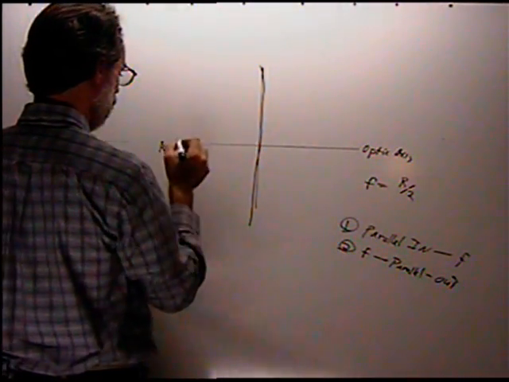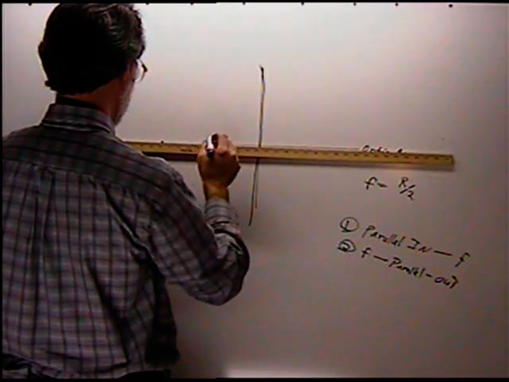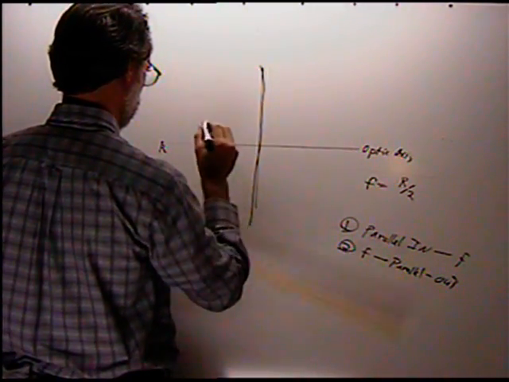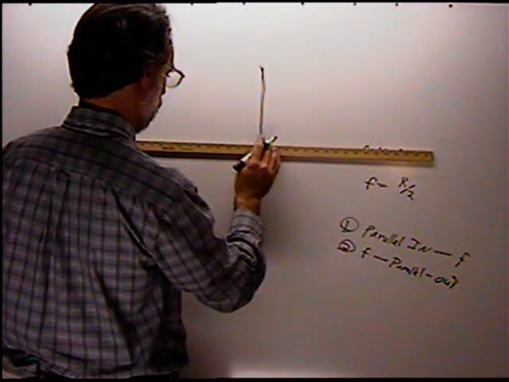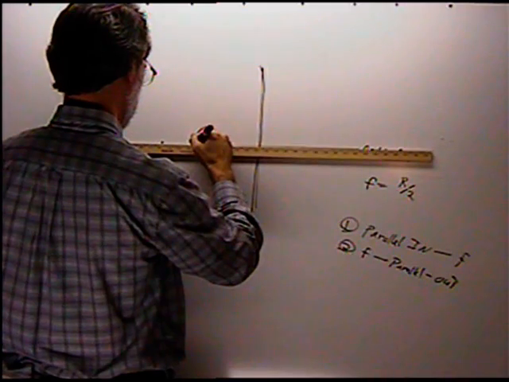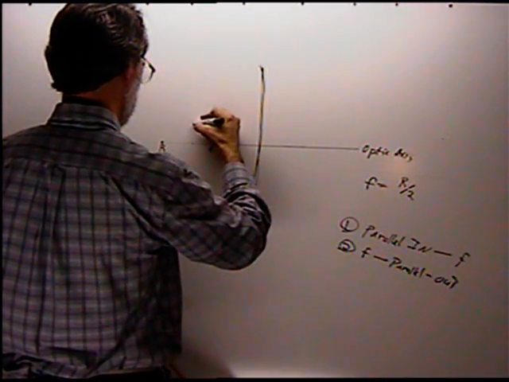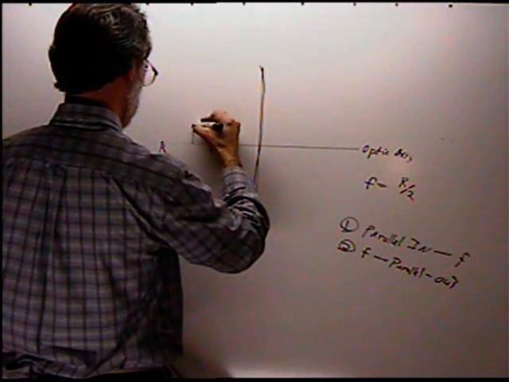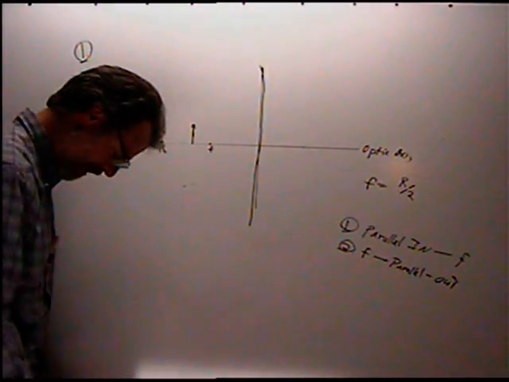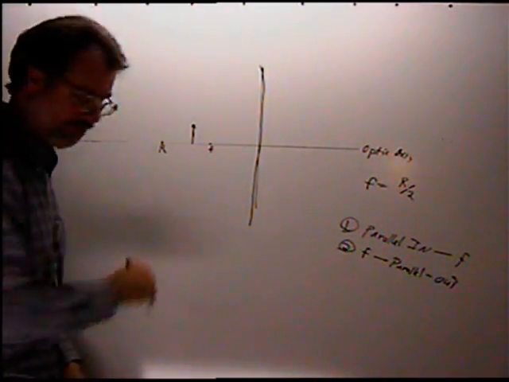I'm going to expand the scale. There's my radius, here's my focal point, 3.5. And I'm going to draw it a little bit smaller. So I've now just expanded my scale.